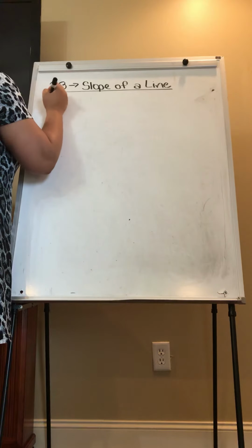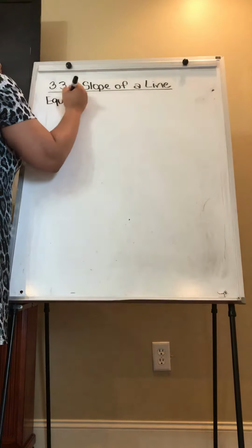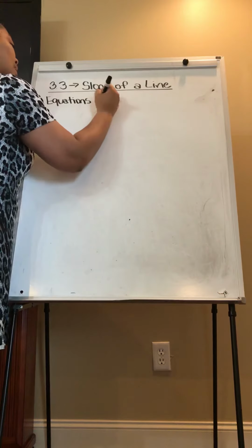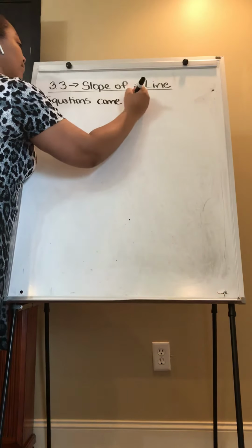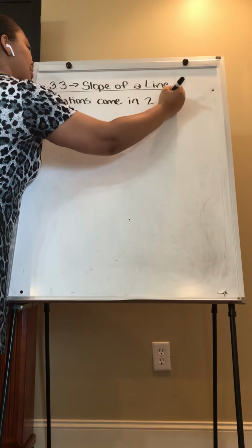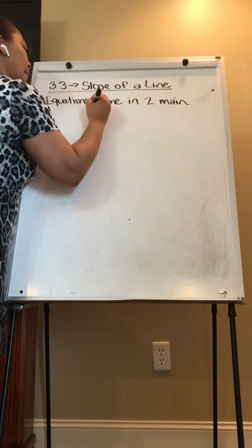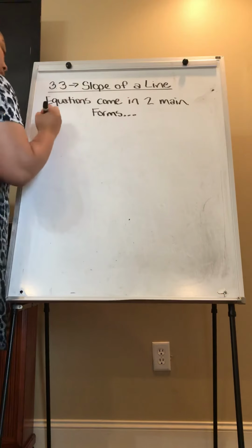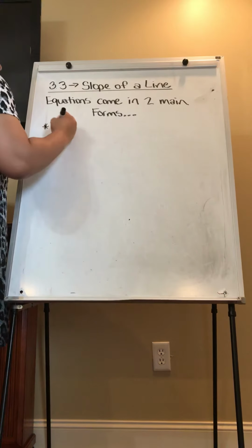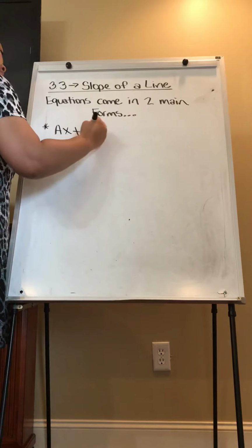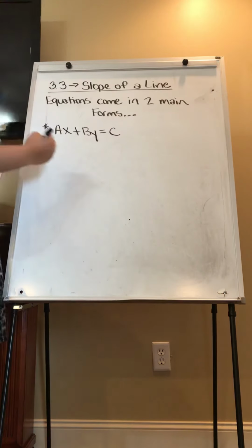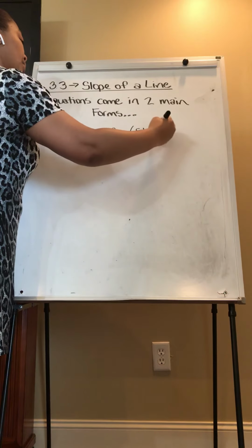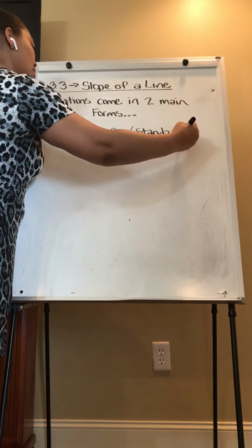Now, our equations for lines, they can come in two main forms. First, ax plus by equals c. This is known as standard form.